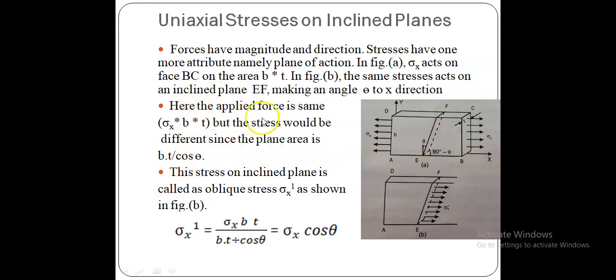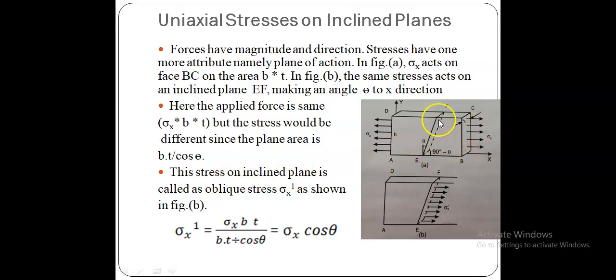So the applied force is the same, sigma x into b into t, but the stress would be different in this plane EF, since the plane is inclined and its area is b by cos theta into t. It is not b into t.